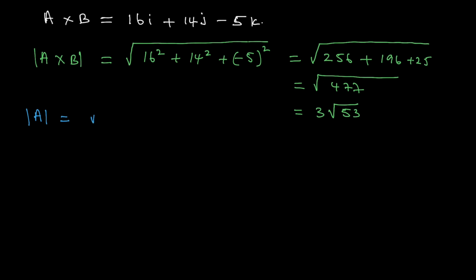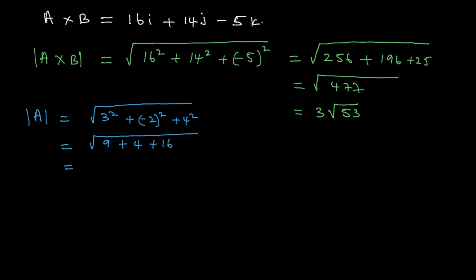So it's going to be the square root of 3 squared plus minus 2 squared plus 4 squared, and that will be equal to the square root of 9 plus 4 plus 16, which equals the square root of 29.